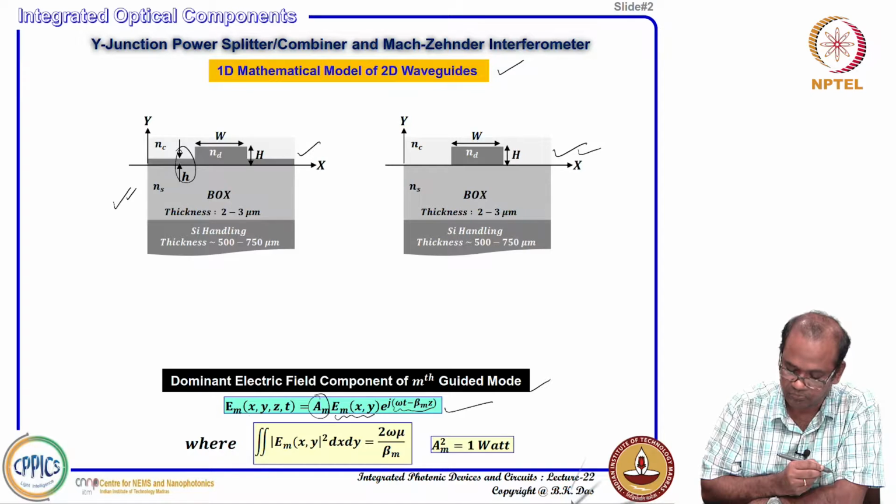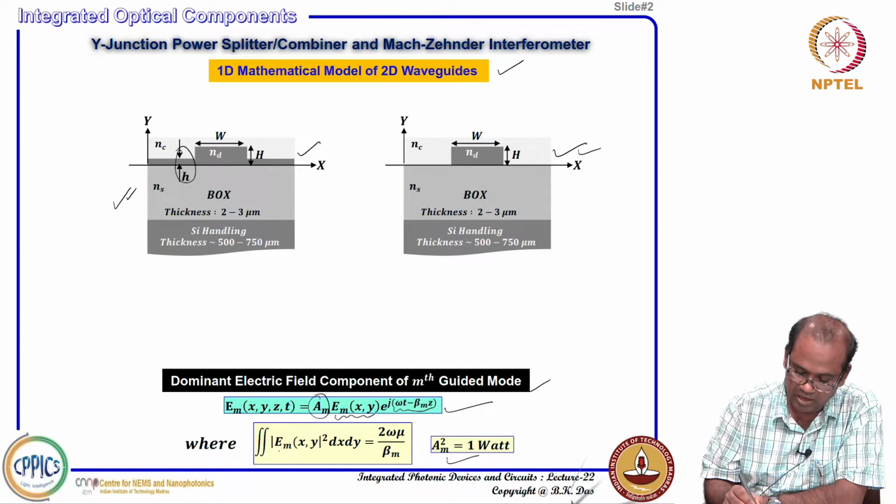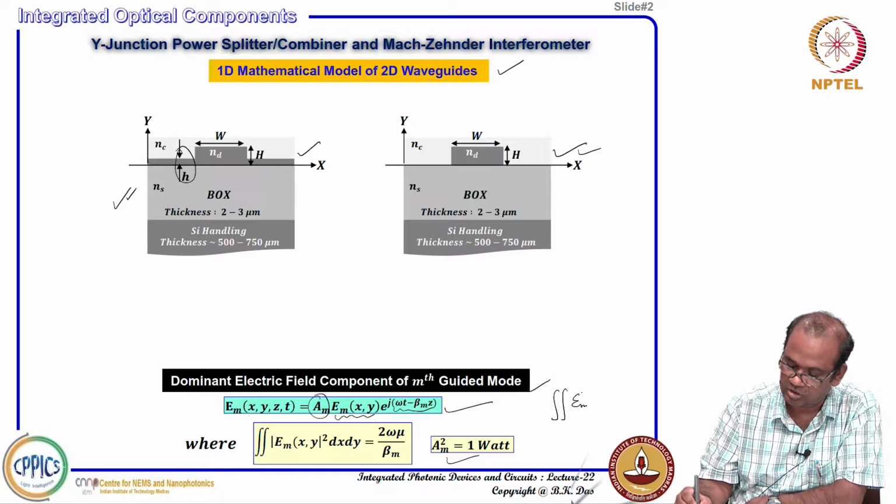And we have normalized such that Am squared is 1 watt. So, basically we have learned earlier that if you integrate Em star (x,y) En(x,y) dx, you are supposed to get 2 omega mu by beta m delta mn. That is the orthonormality condition.